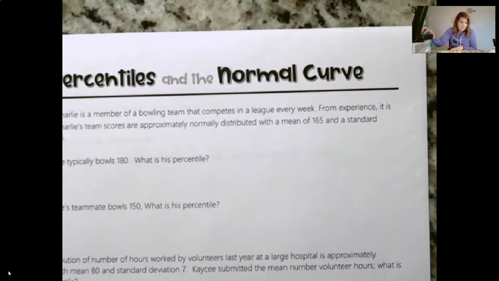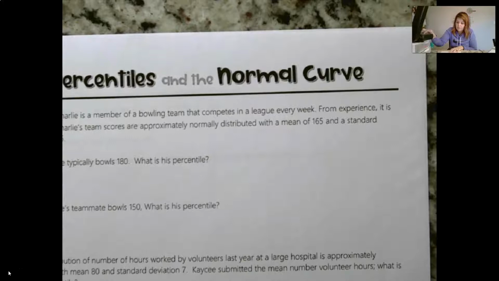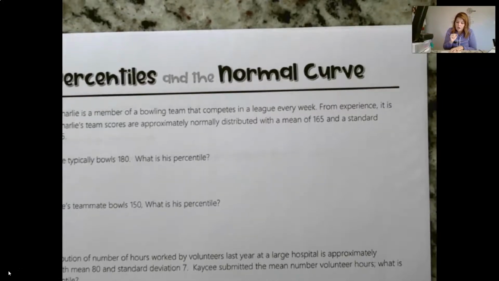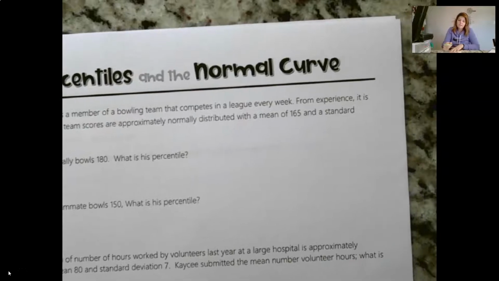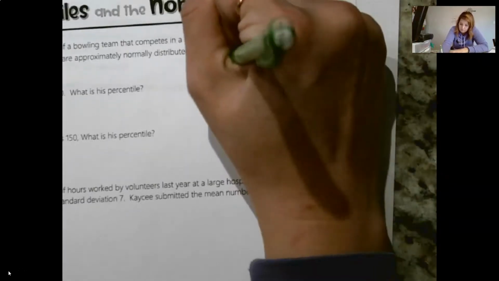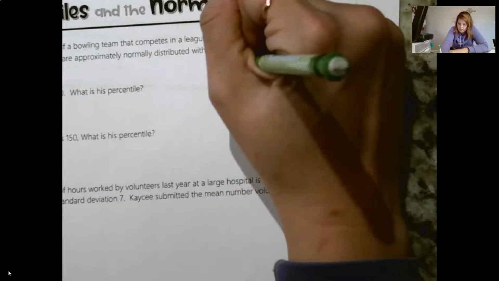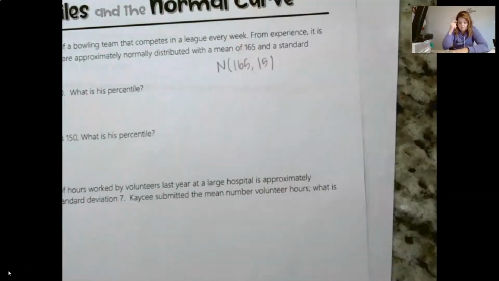From experience, it is known that Charlie's team scores are approximately normally distributed with a mean of 165 and a standard deviation of 15. So let's draw this curve. Let's draw the curve that matches N(165, 15).